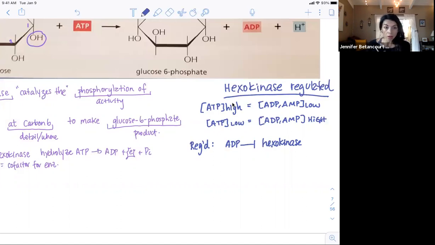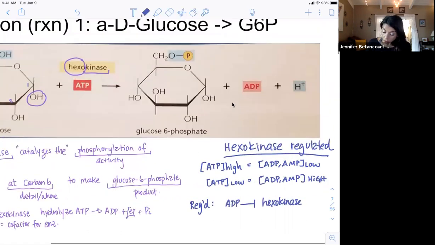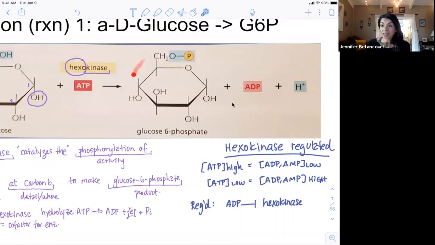The other thing that negatively regulates hexokinase is the product itself. When there's too much glucose 6-phosphate in the cell, some of it goes on to reactions 2, 3, 4 and 5, but some of it comes back and binds hexokinase.